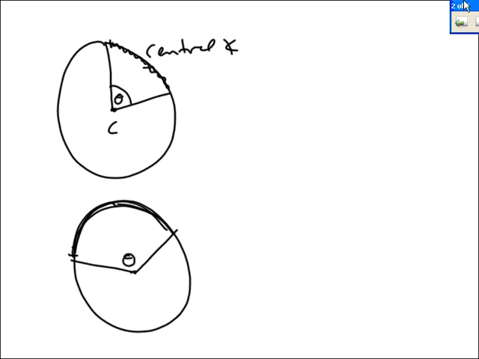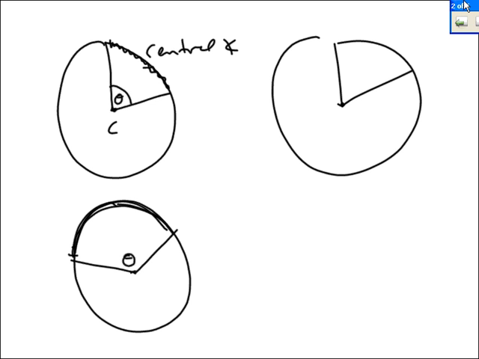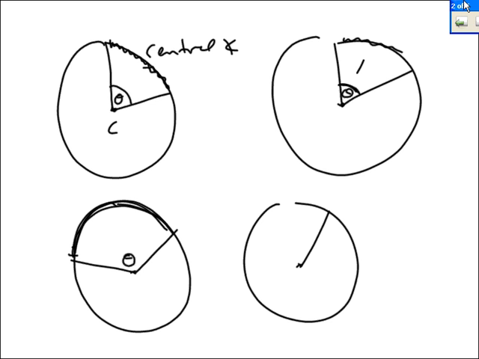Okay. Sorry about that. Basically, let me just draw it over here. That's the central angle. It cuts off this arc, but nonetheless, that's the central angle.